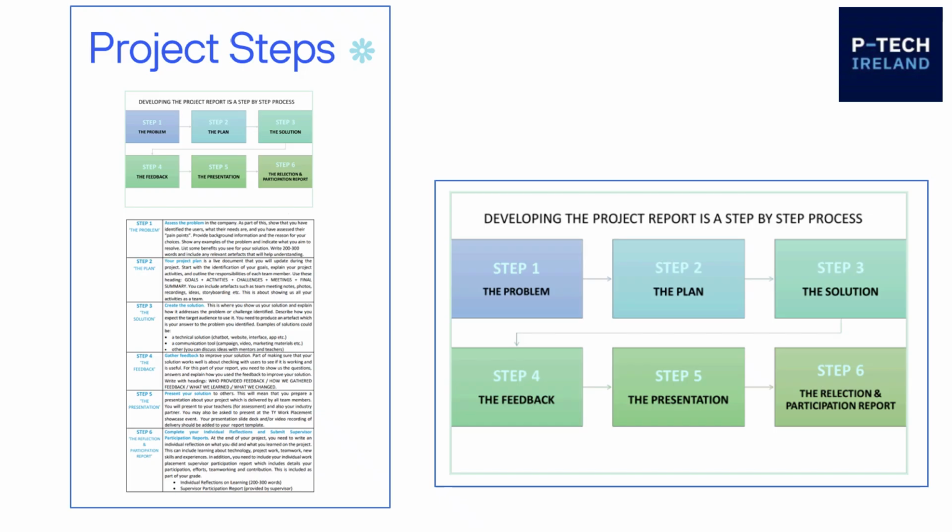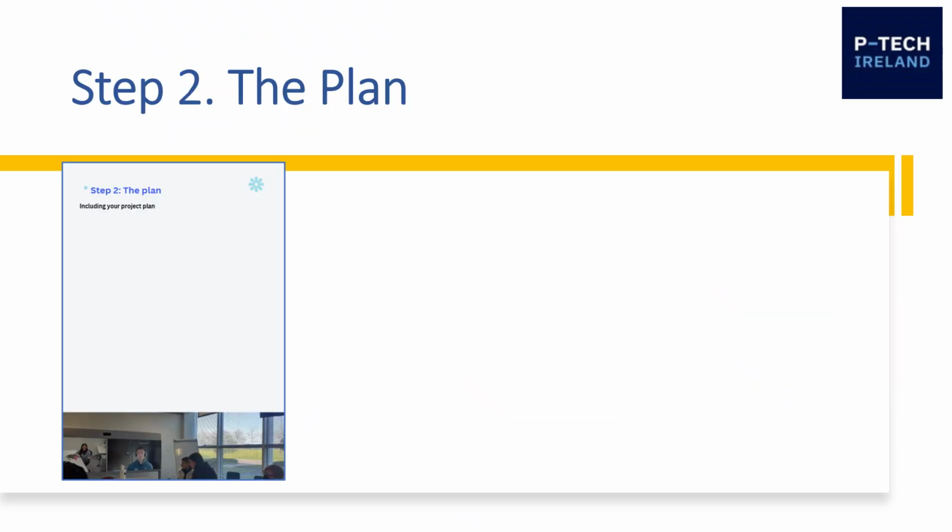This page is within your project report template, and you should maybe think about going back to it if you're working on your project and you have different questions about what you should be doing at each step and what you might need to include in your final project report. So here we have an image of a blank section of the plan, step 2 of your project report template. And this is what you'll be editing.